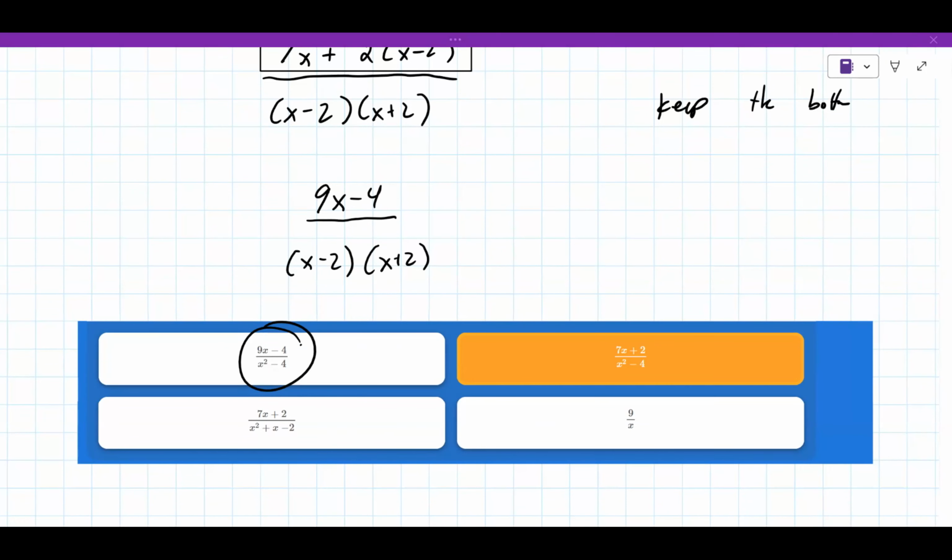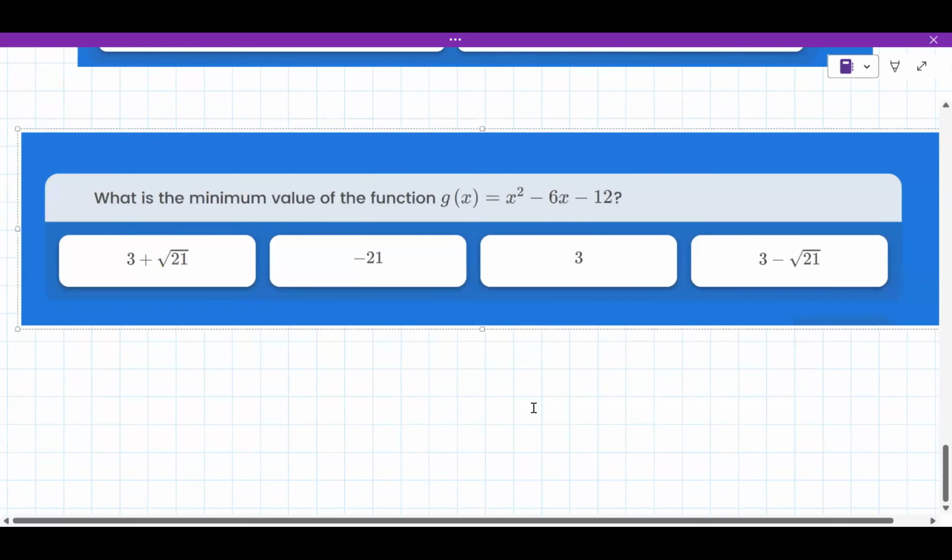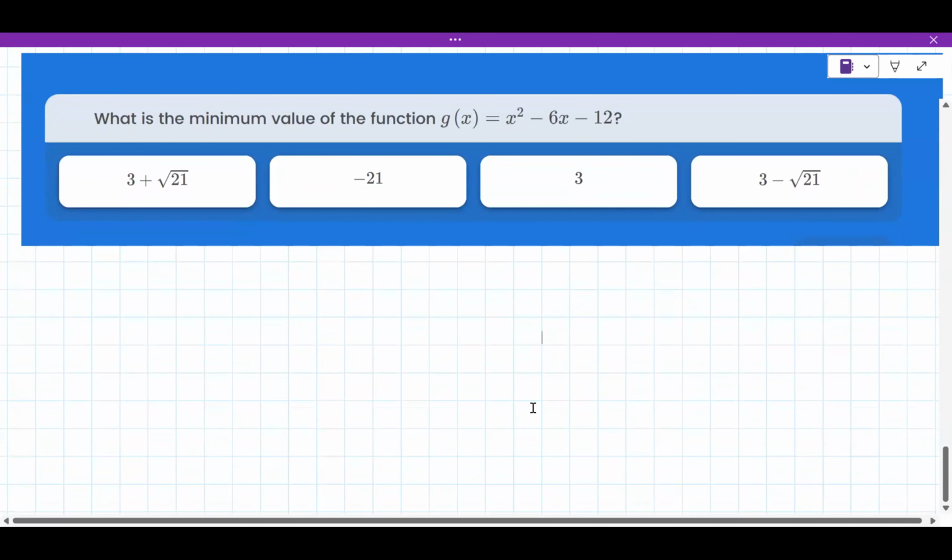So let's take a look at this one here. It says, what is the minimum value of the function x squared minus 6x minus 12? Can you try to tell me what you think it means by minimum value?